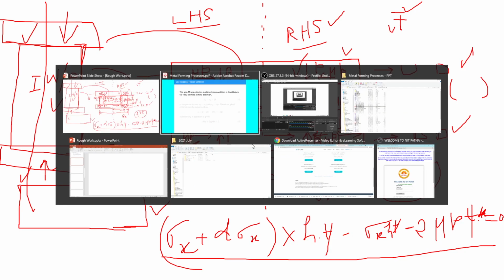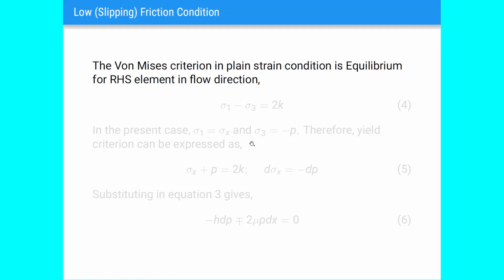And we are trying to solve this particular open die forging problem using the slab method.